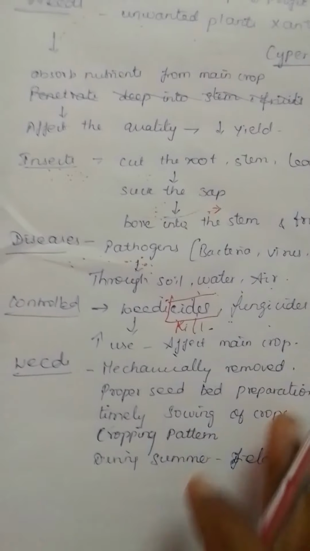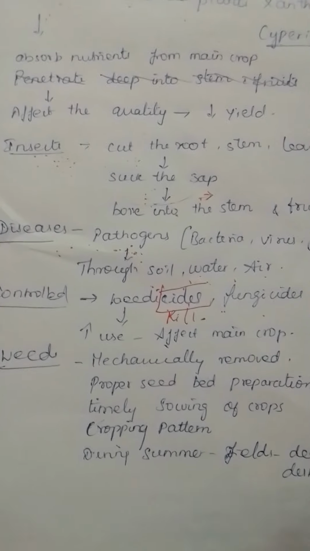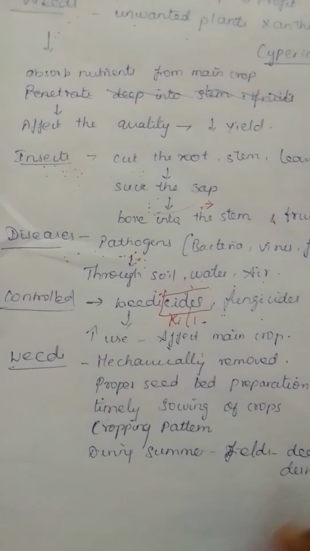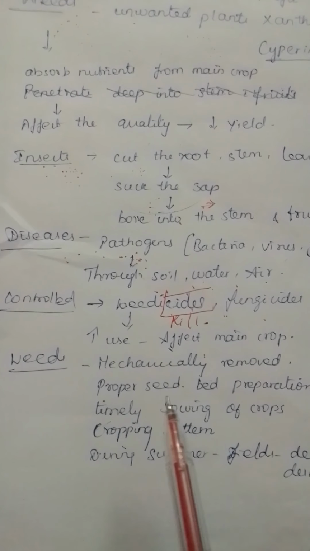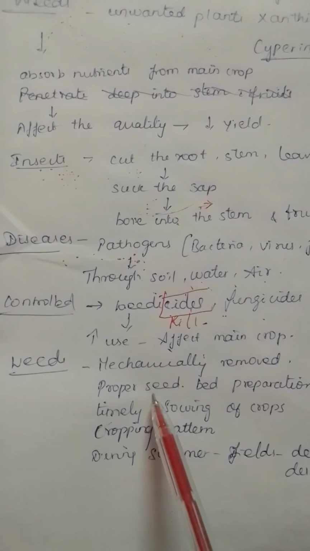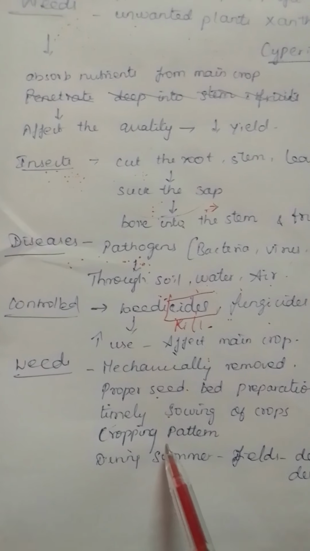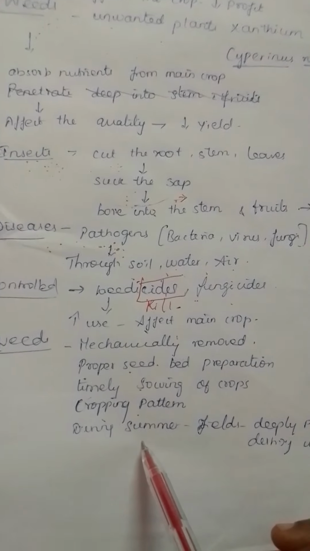Now listen. Generally, how can weeds present in the field be controlled? They should be removed mechanically, by hand removal. And the growth of weeds in the wheat should be avoided. So what things should be followed? The farmer has to do proper seed bed preparation, timely sowing of crops, and follow a definite cropping pattern according to the season.